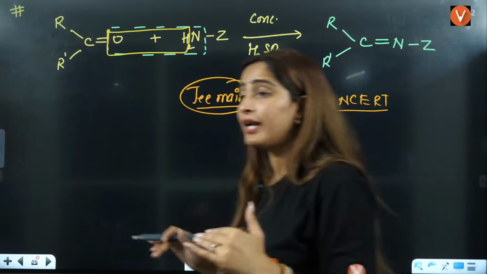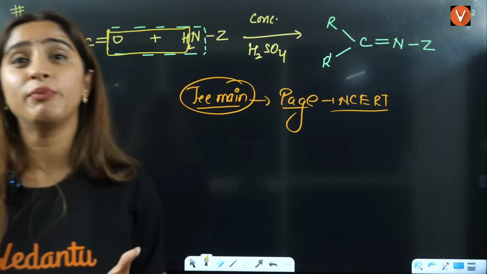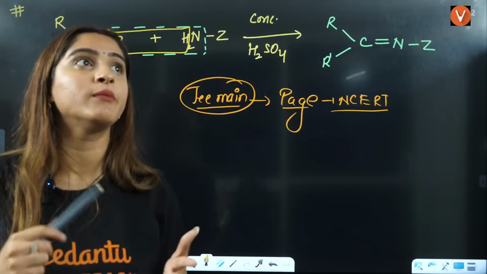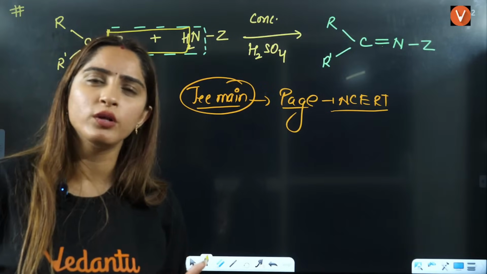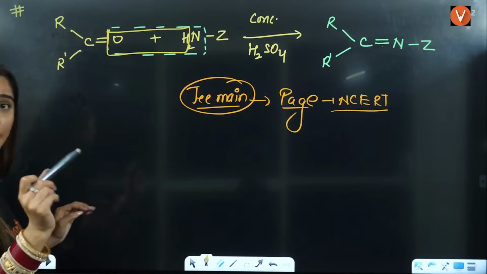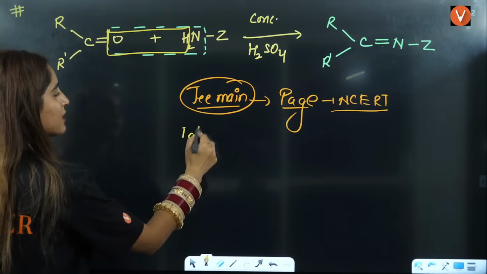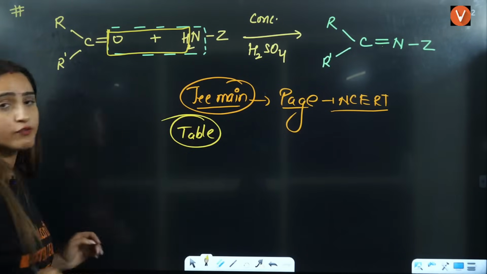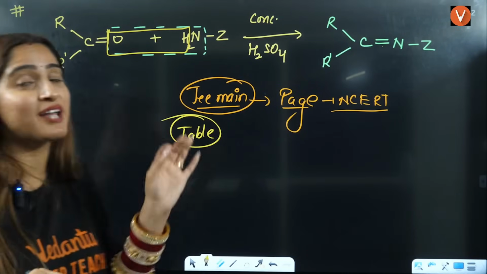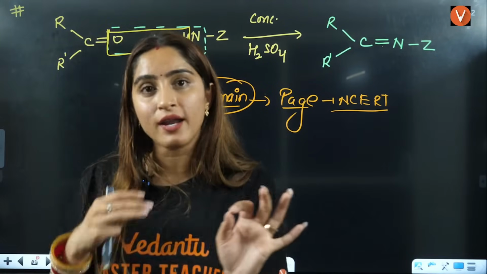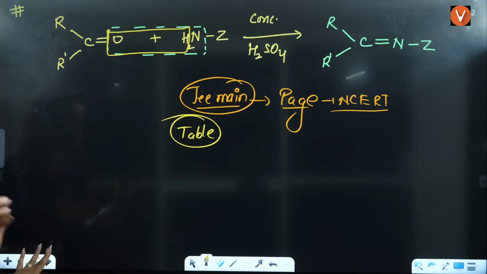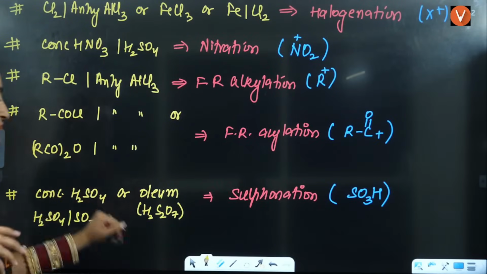According to this, you can form 2,4-DNP, Schiff's base, oxime, imine, semicarbazone, all these things. That table I'll send you. Wait for that table, because you never know, the question may be asked directly from that table. Those students who are not sleeping in the class will benefit a lot from that.